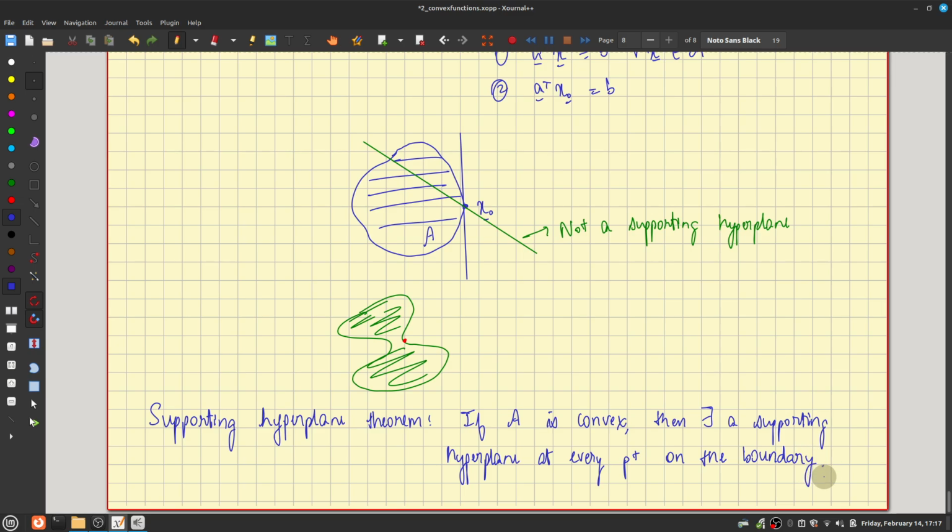This is regardless of differentiability. There are no functions, right? We're only talking about sets.